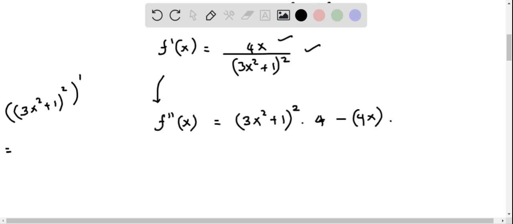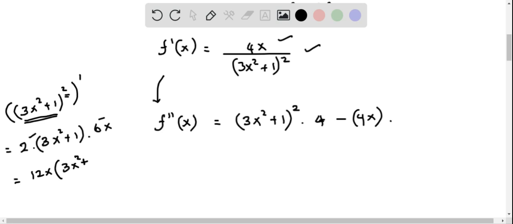So first we apply the power rule, because it is raised to the power of 2. We put the power 2 and then write the expression 3x squared plus 1 raised to the power of 2 minus 1, which is 1, so we can just ignore that. Then applying the chain rule, we multiply with the derivative of 3x squared, which is 6x. And so this basically gives 2 times 6x is 12x times 3x squared plus 1.